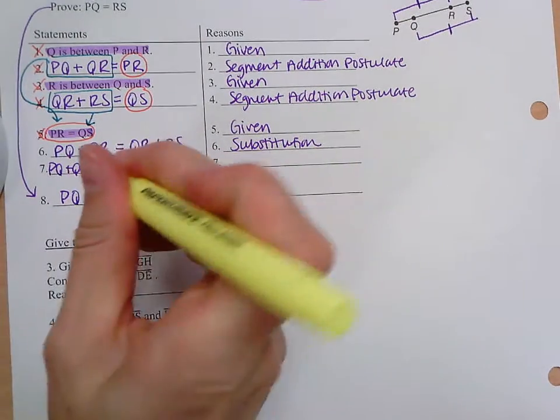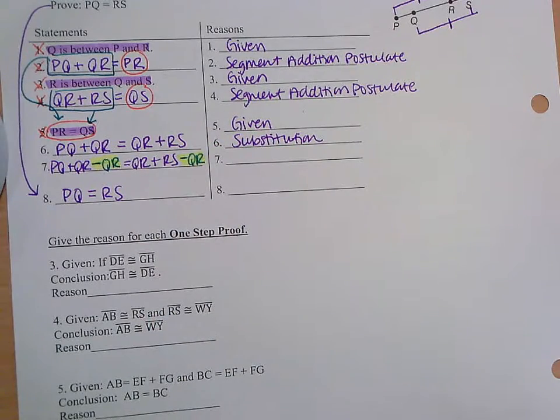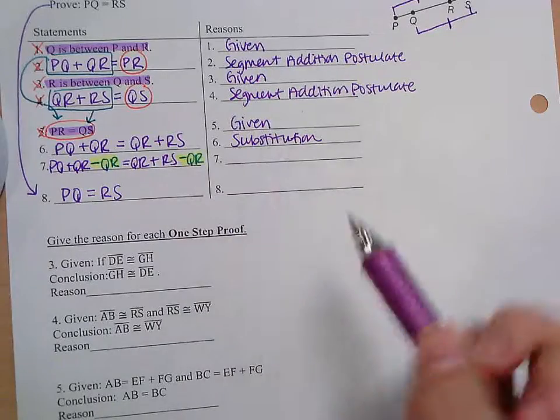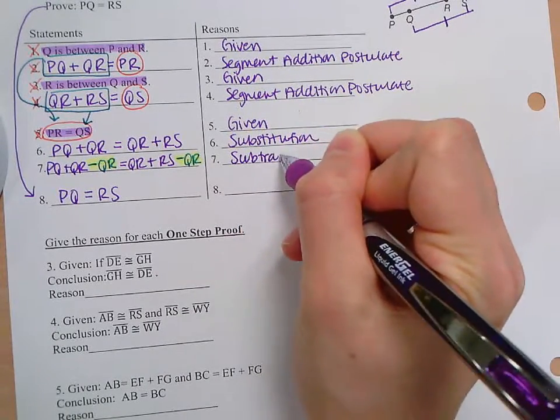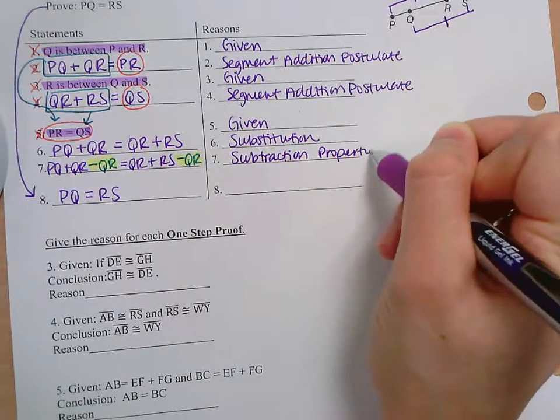So I'm subtracting QR from both sides. What property is that? Okay. Yep, that's that algebraic property, subtraction property of equality.